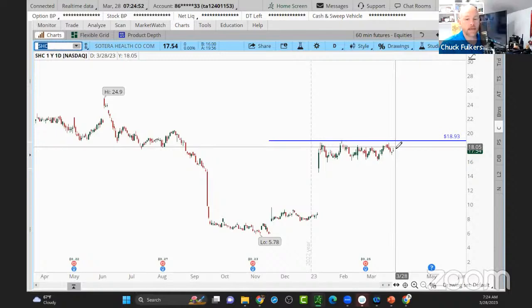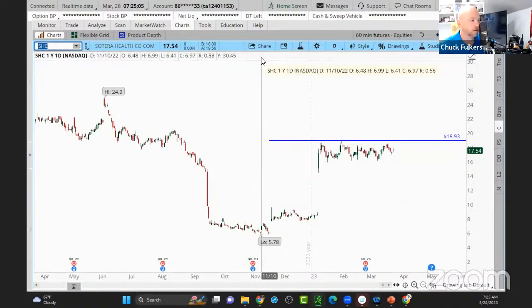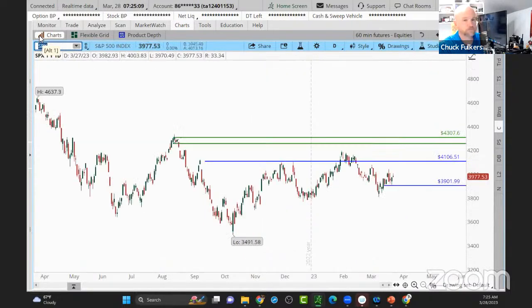What I thought we would do today is take a look using some of the other ones that we normally would look at from a breakout position. But we've got to go with what the whole market is telling us, right? So what's the whole market telling us right now?